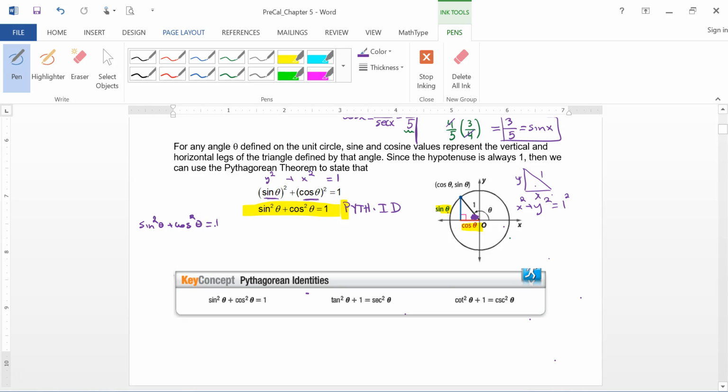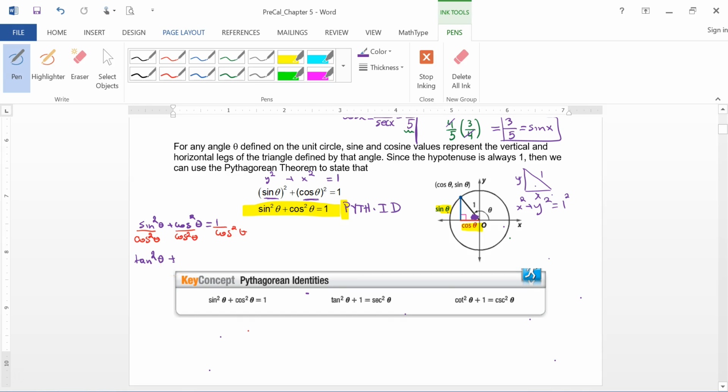And just for fun, I'm going to do something to this. I'm going to divide every single term here by cosine squared theta. Why am I doing that? Because I want to have fun. So let's see what happens when we do that. What's sine squared over cosine squared? Tangent squared theta.